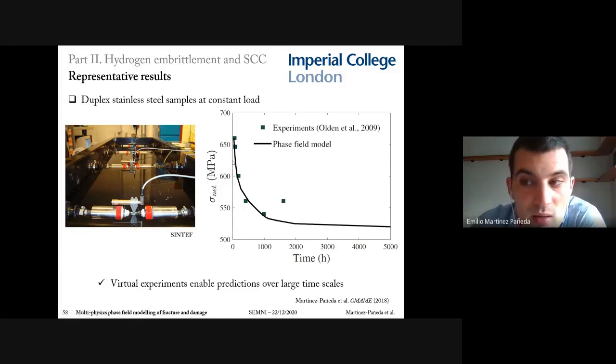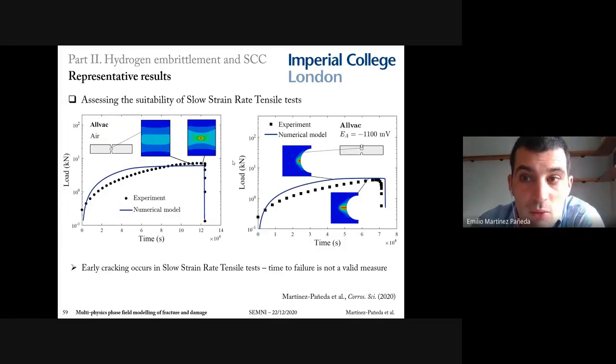What we can do with our model is not only to reproduce the experiments, but also to run simulations over very large timescales to see what is the critical stress below which engineers can load their structure safely. We have also used this virtual tool to gain insight about the suitability of standardized tests, learning, as experimentally suspected, that early cracking occurs in SSRT experiments, compromising the suitability of the most widely used laboratory test for measuring hydrogen susceptibility.